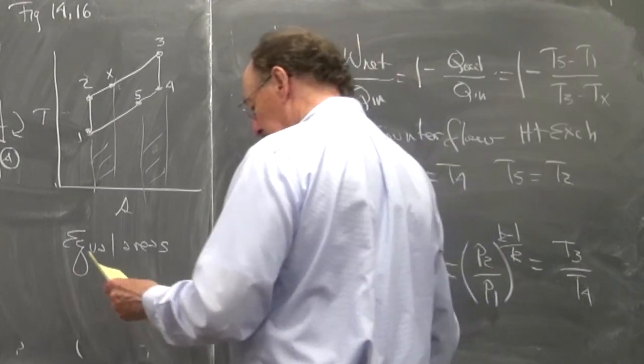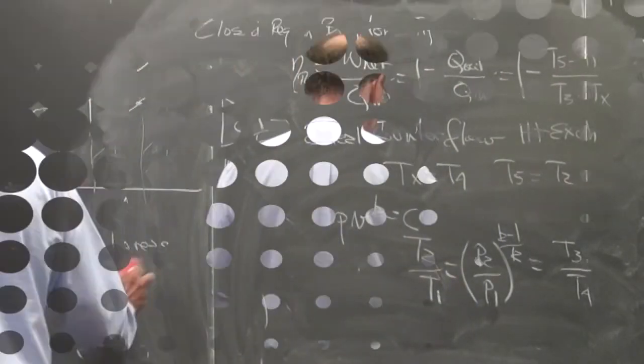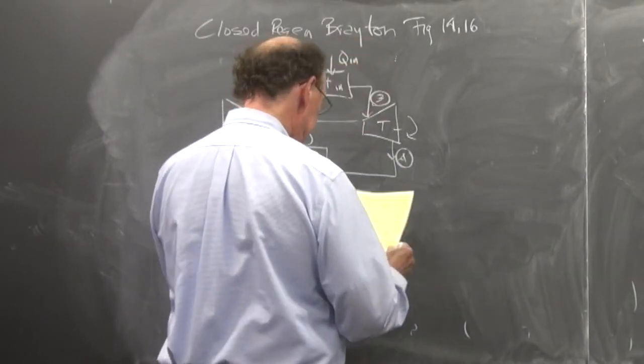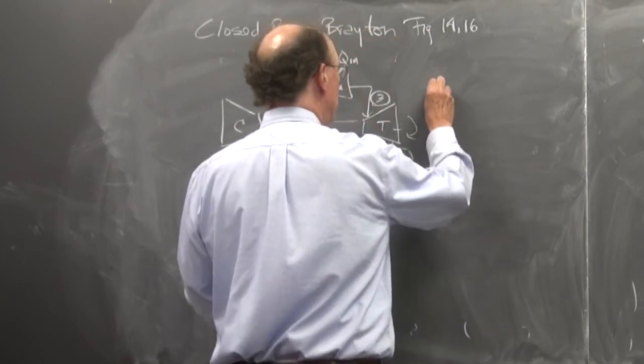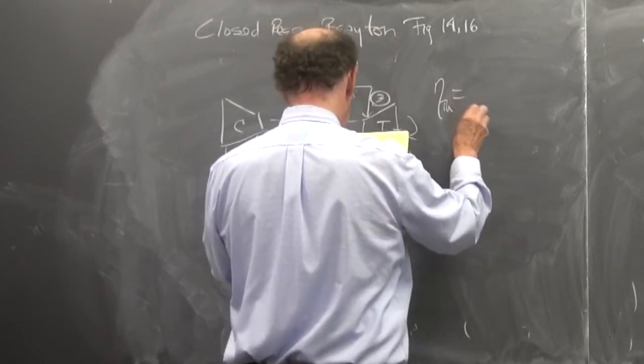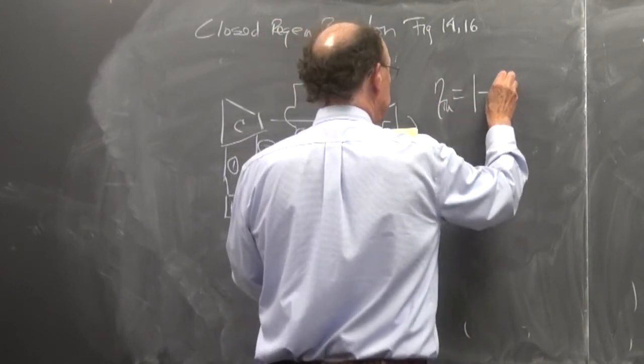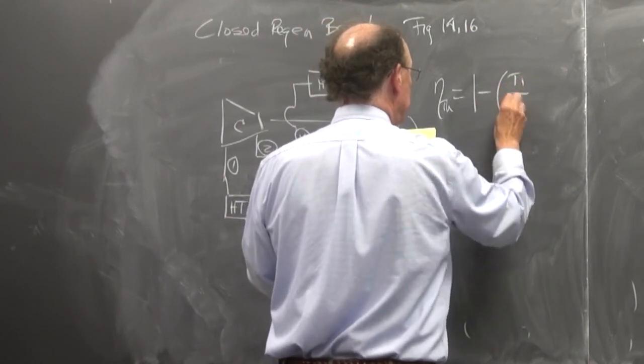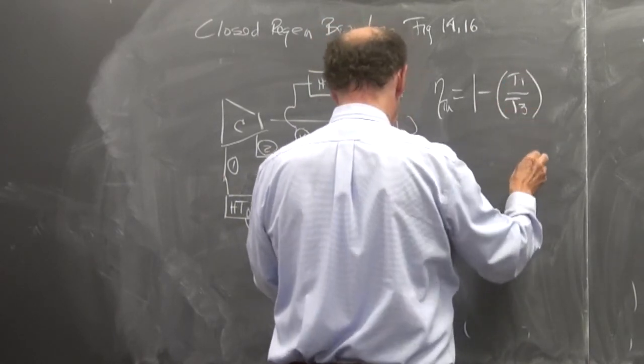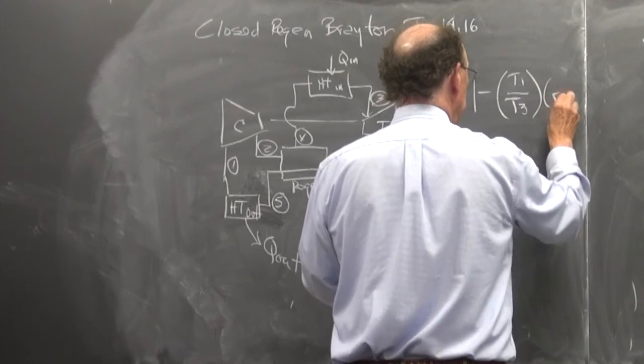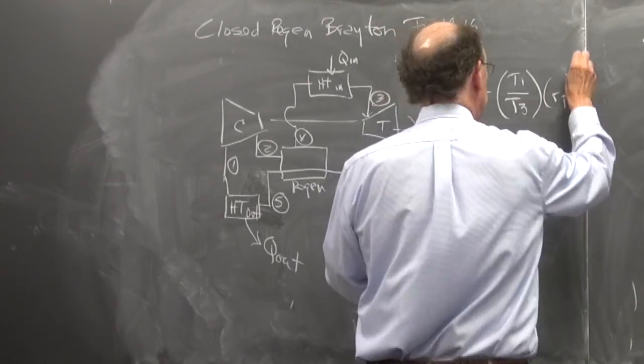And so the thermal efficiency reduces to this form: 1 minus T1 over T3 times R sub P to the K minus 1 over K.